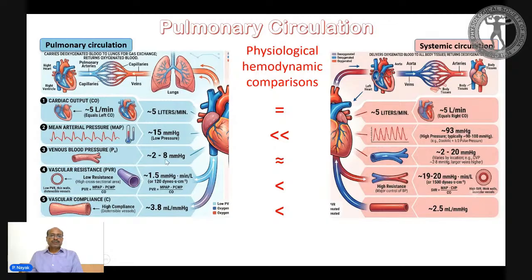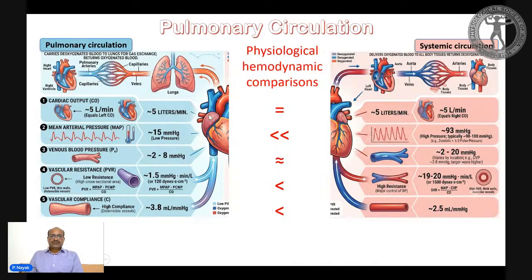Vascular resistance in the pulmonary circulation is quite less compared to the systemic, which is around 19 to 20 millimeter mercury per minute per liter, or 1500 dynes per square centimeter. So as you can see, vascular resistance is quite high in the systemic circulation and quite low in the pulmonary system. Vascular compliance: the pulmonary circulation is highly compliant compared to the systemic circulation.